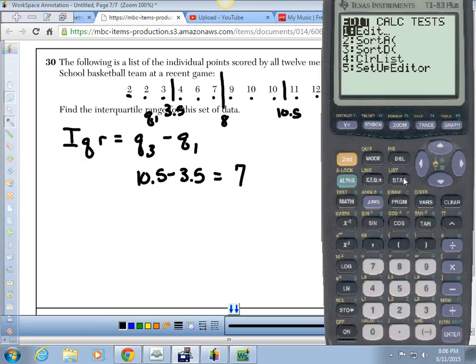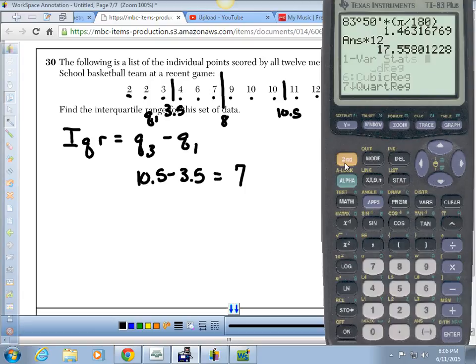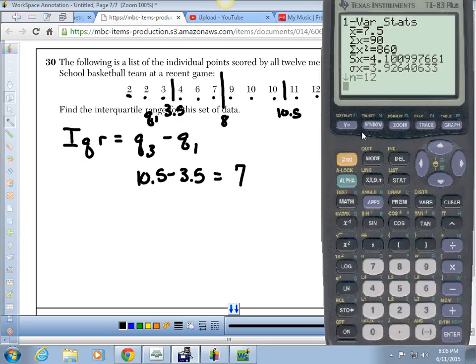Back into Stat. Over to Calculate. One variable statistics on L1. So what does X bar represent? The mean. What's sigma X represent? That's the sum of all of my scores. What's capital S of X?